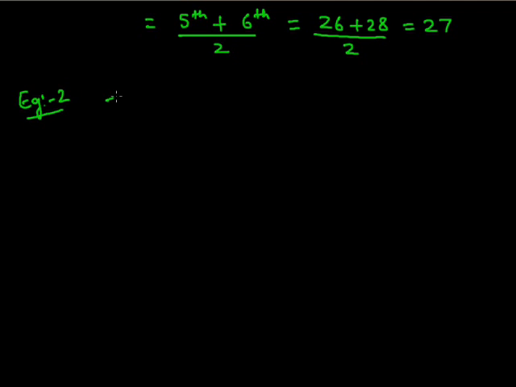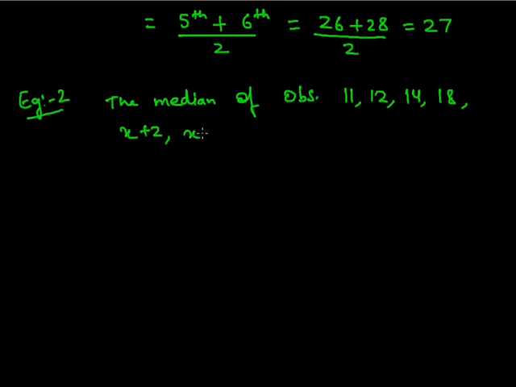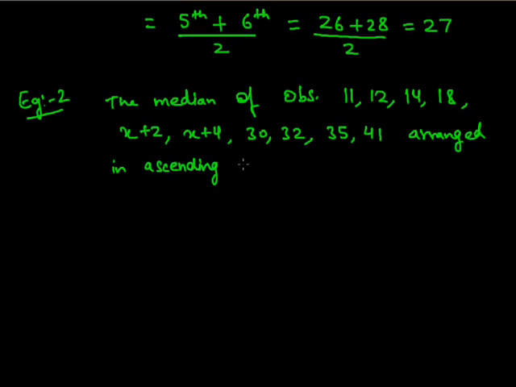First we write down the question: the median of the observations 11, 12, 14, 18, x plus 2, x plus 4, 30, 32, 35 and 41, arranged in ascending order, is 24.